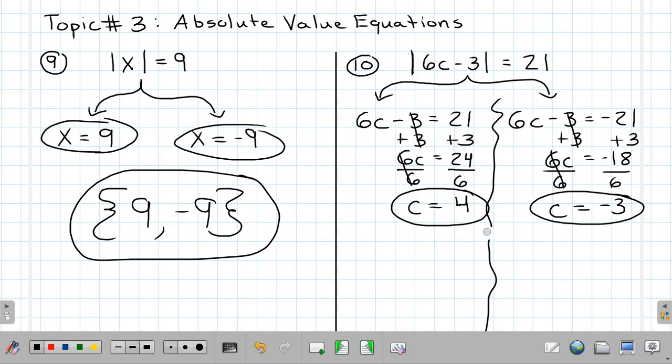So in this case, not like number 9, we don't have just the positive and negative of the number. So our solution set is actually going to be 4, negative 3.